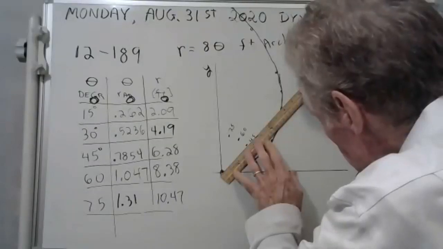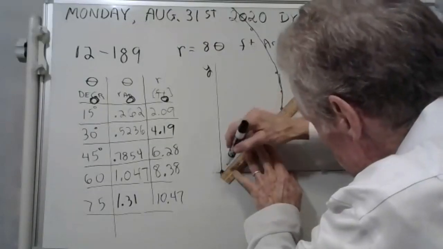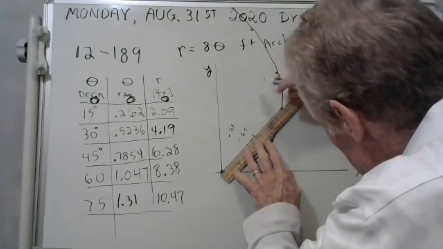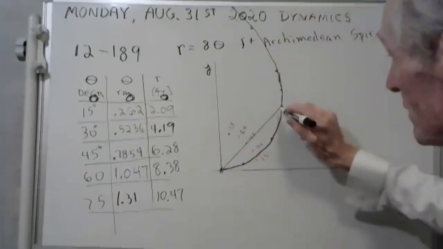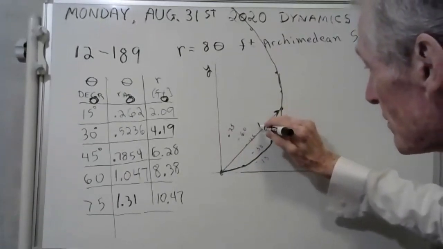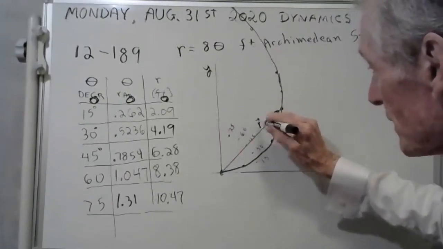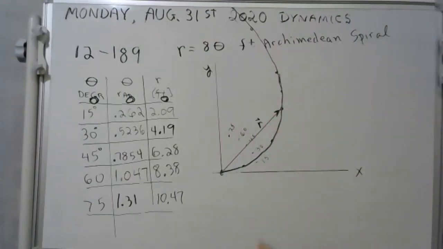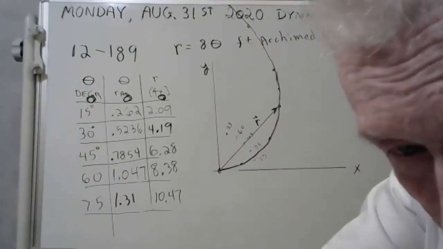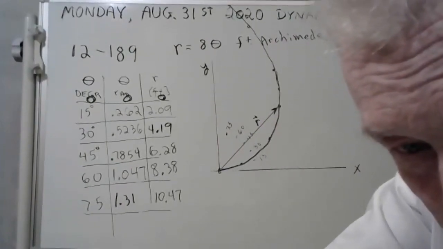Here's 45 degrees. Now this right here is your vector, and it has a name. Let's go to one of my wonderful students here.